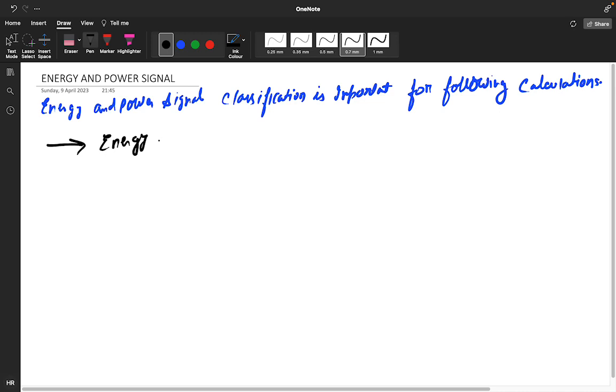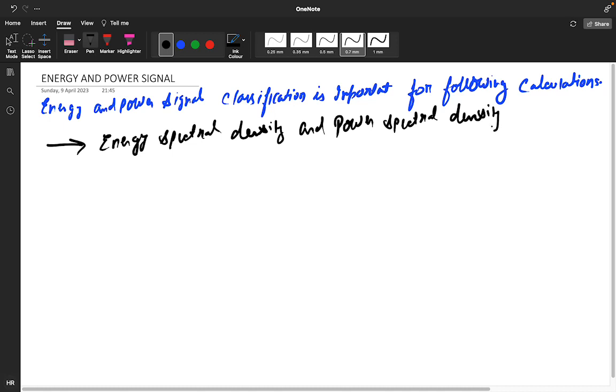Energy spectral density and power spectral density. Okay, and there is another thing, autocorrelations.